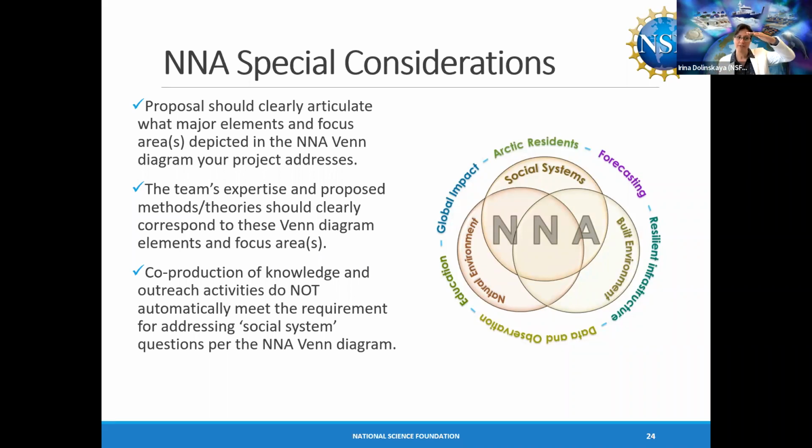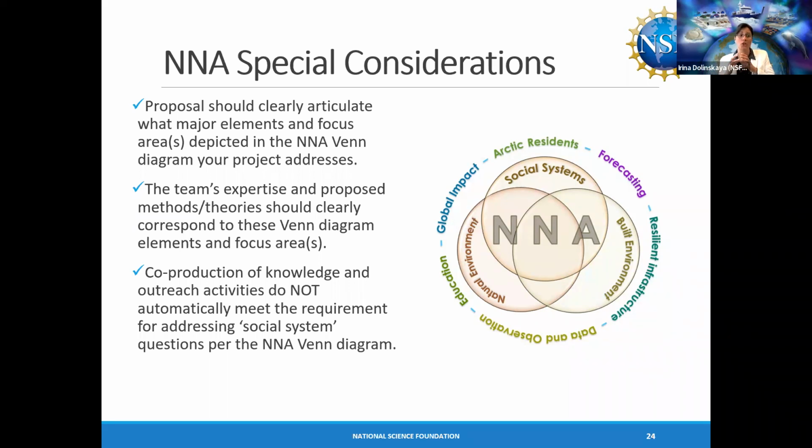So all of those five review criteria apply. Do you have the right expertise on the team to do a social science type of approach, and things like that? Make sure your proposal clearly talks about what overlap you're working on. You actually have to be advancing knowledge in that interconnection, not just saying, I'm going to do an outreach activity in the local community, so that checks off social systems.